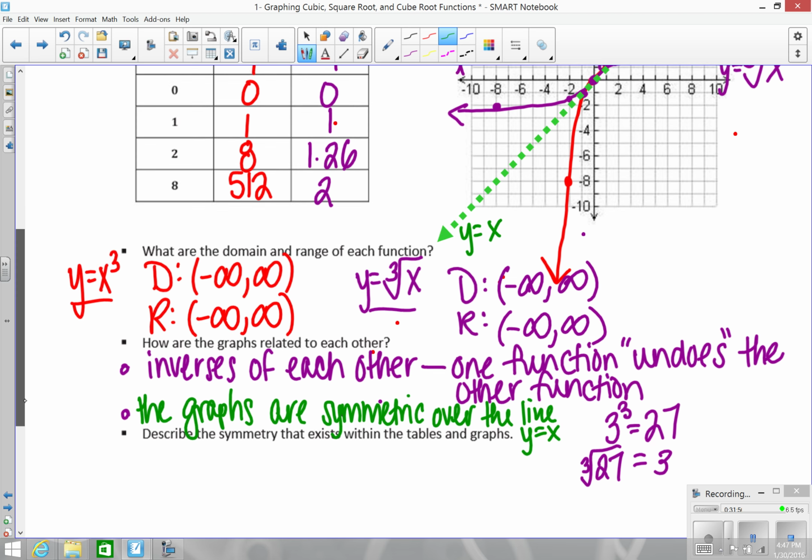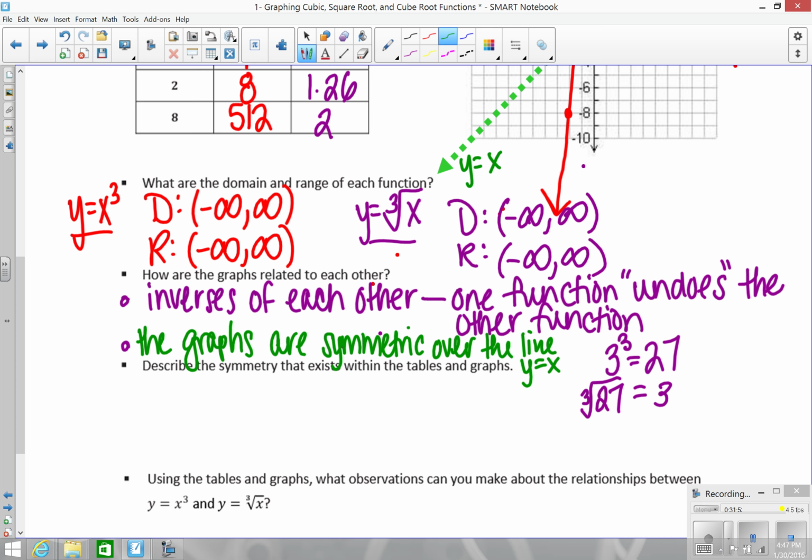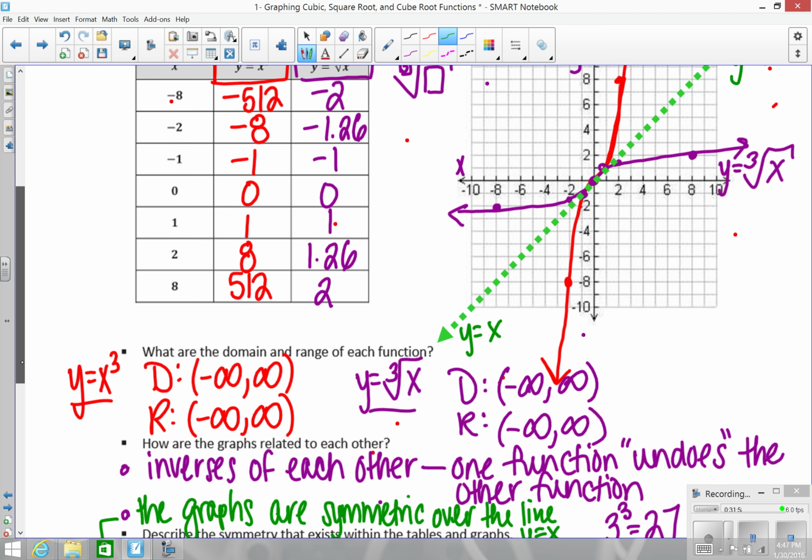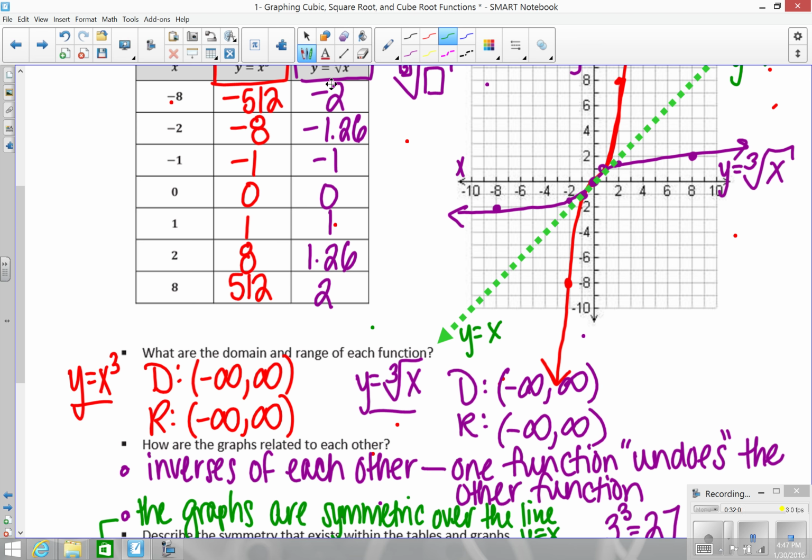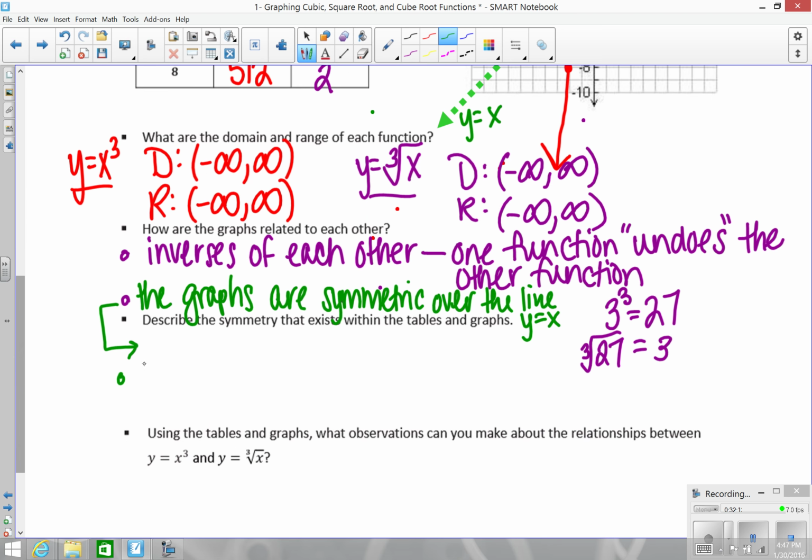And then this question on here, describe the symmetry. Well, that's kind of one thing you could add to it. But another thing is in the table, you see, again, that symmetry where for the cube root, you have -8, -2, but for cubing, you have -2, -8. So you have the opposites, or the x's and y's are switched. So we have -8, -2, and -2, -8 are points among the two tables, as well as 8, 2 and 2, 8.